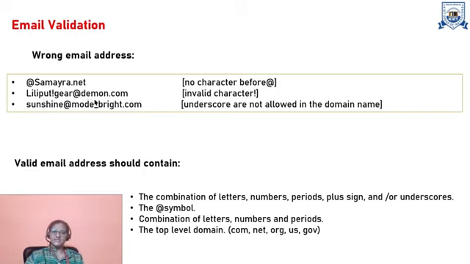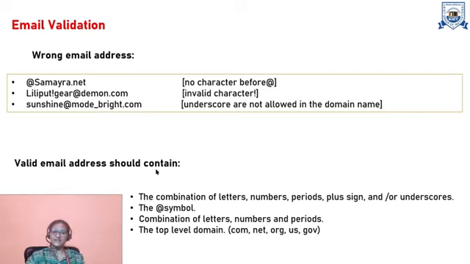In this one, everything is okay, there is the at the rate symbol, there is a dot symbol followed by three characters, but you have used this character, which is invalid in the email. Again, in this, everything was okay, but you have provided this underscore. And remember that in the domain name, underscore is not allowed. They all are wrong email addresses.